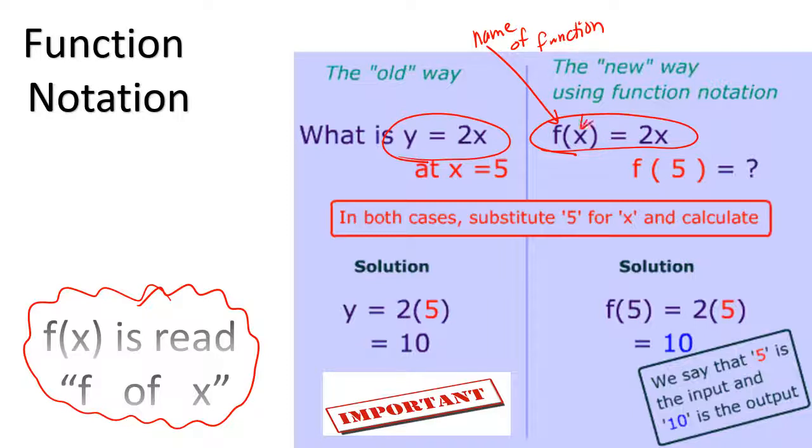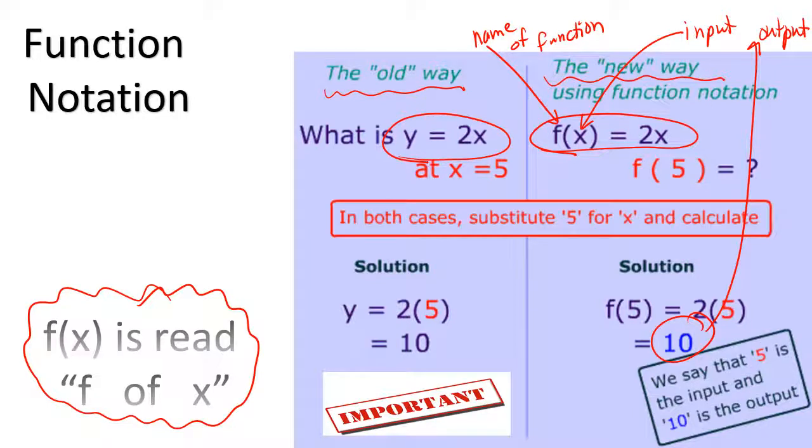The x is the input. And the answer I get, which is down here, that is my output. Now notice if I let x equal 5 in either equation given, whether it's written the old way or the new way with function notation, the answer is still the same. It's 10.